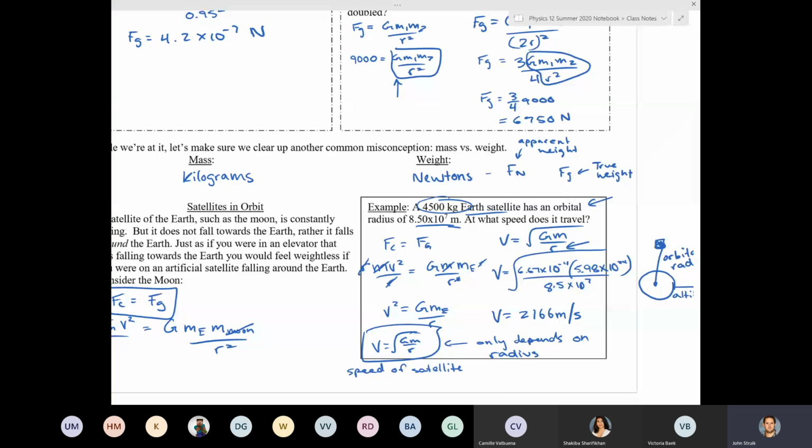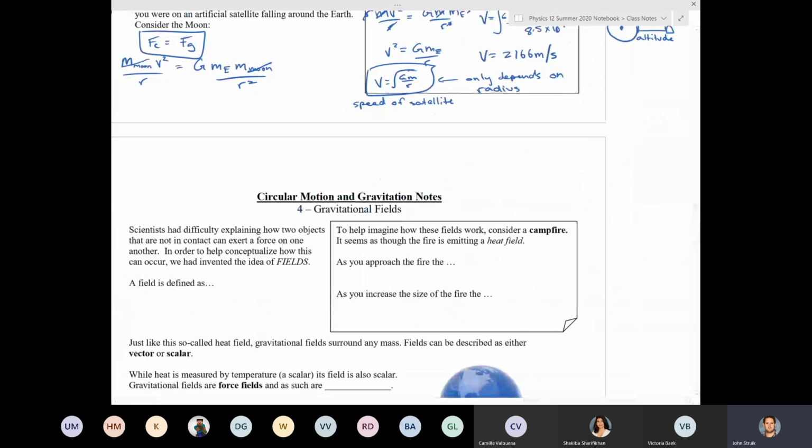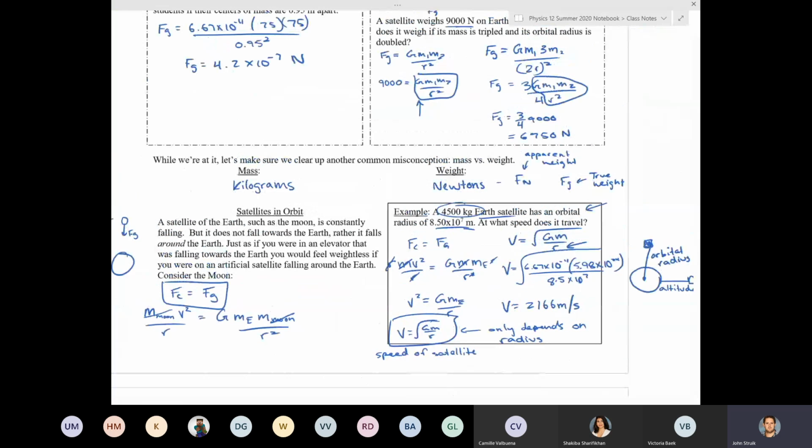When you're 8.5 times 10 to the 7 meters away from the center of the Earth, g is not 9.8. It's much less than that. And that's what we're going to talk about next lesson: the value of g and how it changes depending on where you are in relation to the Earth. Any questions about this one?